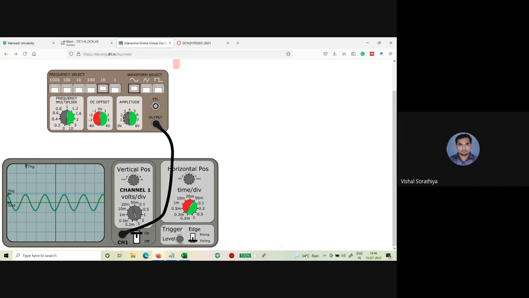So at that time, to observe multiple signals simultaneously, we change this vertical position, so one channel is represented on the positive side, and the second channel on the negative side. Likewise, it just shifts their position. Horizontal position shifts the signal from left to right or right to left. This is the horizontal position knob.